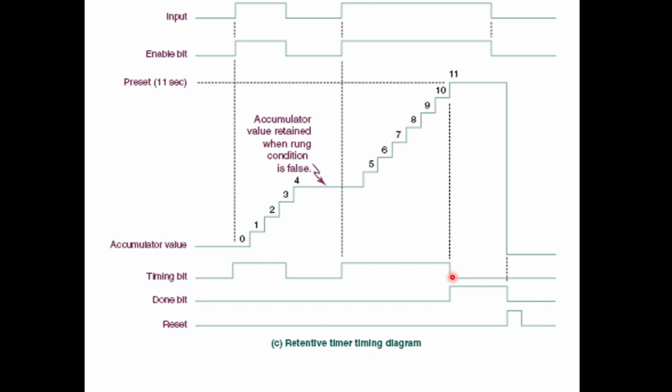And this is where you can use a TON timer. But for a TOF timer, let's say you have a machine called a milling machine. It carries out milling operations. Inside the machine, you have a very high speed rotating milling cutter, which you cannot touch when the machine is in operation because it's very dangerous.